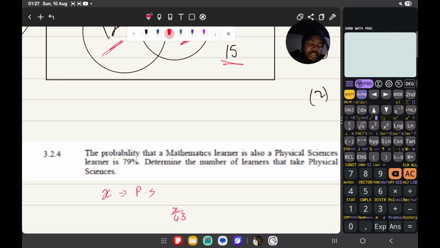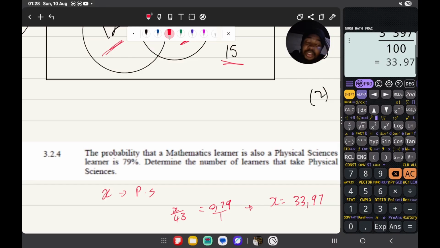So if I take X, the number of people taking physical sciences, and divide by the 43 learners doing mathematics, I get 0.79. Cross multiplication will leave you with X equals 43 multiplied by 0.79, that is 33.97.